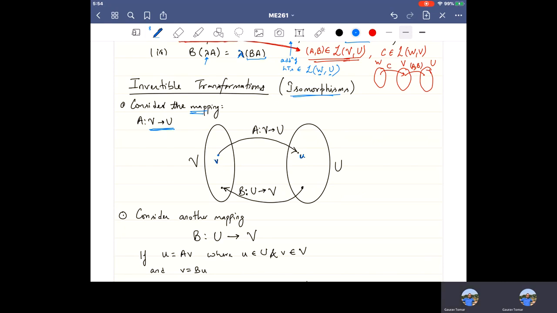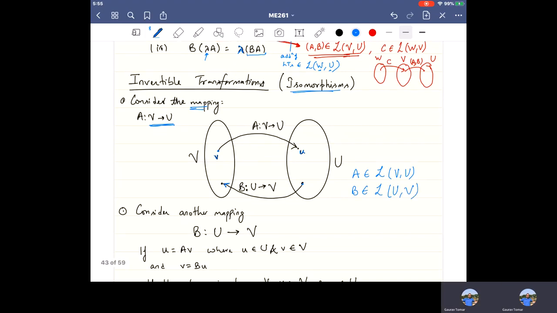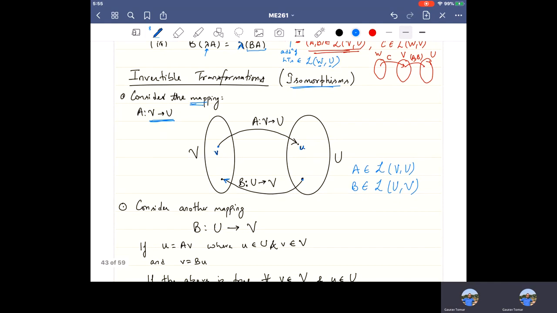And you consider another mapping, which is mapping U to V. So A belongs to all the linear mappings V to U, and B belongs to the set of linear transformations from U to V, right? That means if you do the first mapping, you take a vector V and map it using A, you'll get a vector U where U belongs to the vector space U.